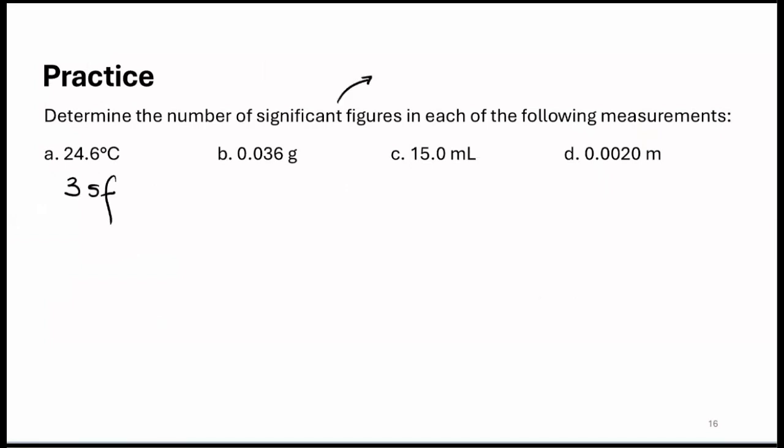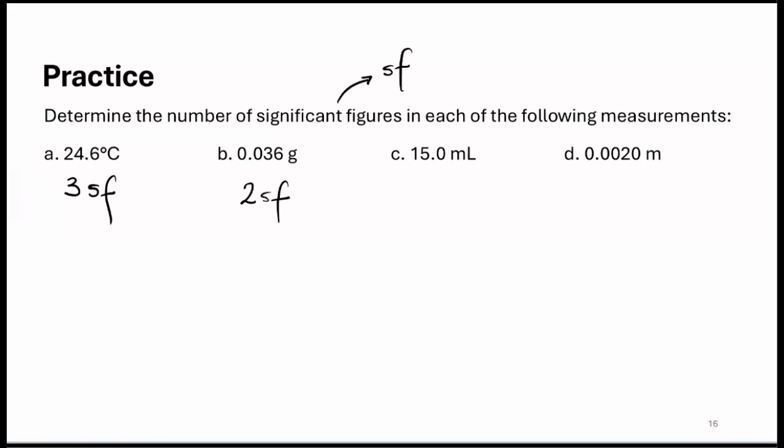The shorthand that I utilize for significant figures is SF. When we look at letter B, we have the measurement 0.036 grams, which is a measurement for mass. This measurement has 2 significant figures because the zeros here are going to be placeholders.